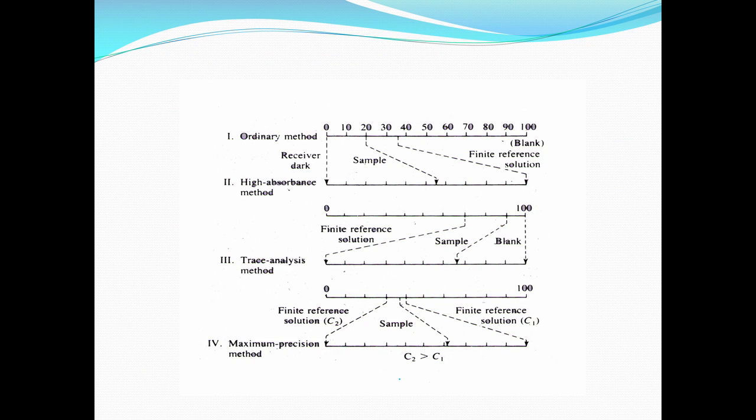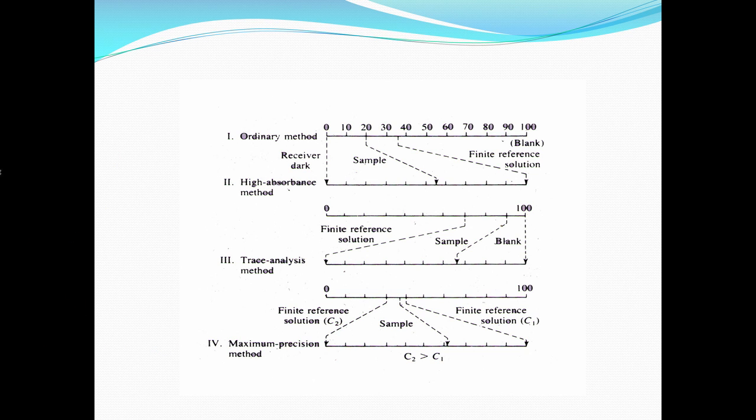Look at it now. I have drawn a simple scale, analog scale of a colorimeter. You can see here that on the scale I have put 4 cases, the top 1, 2, 3 and 4 are there.